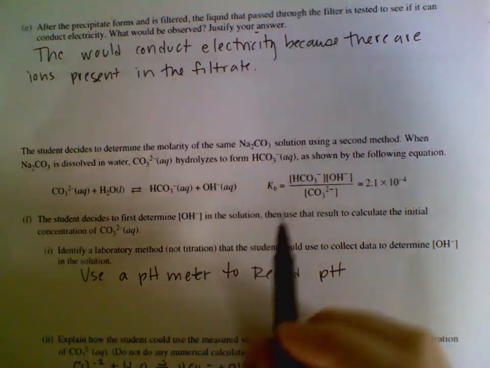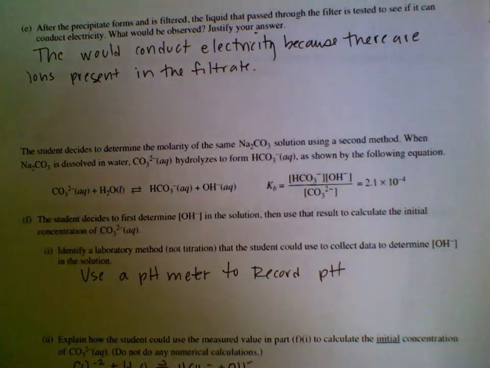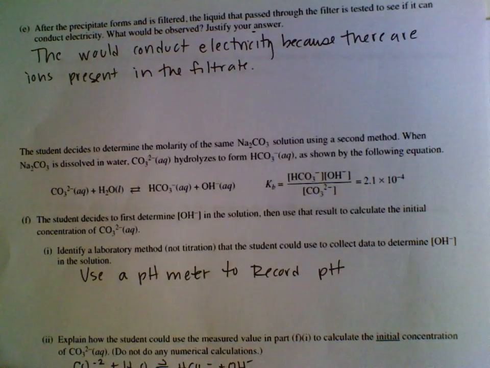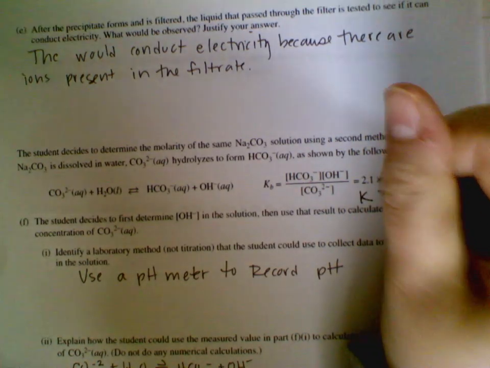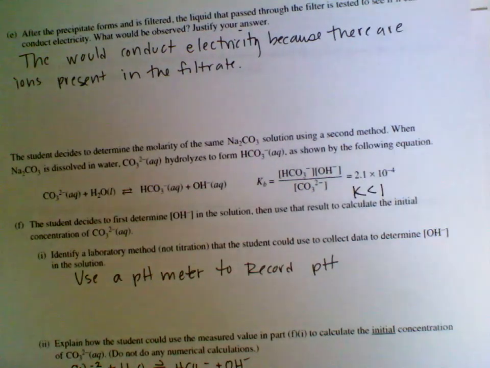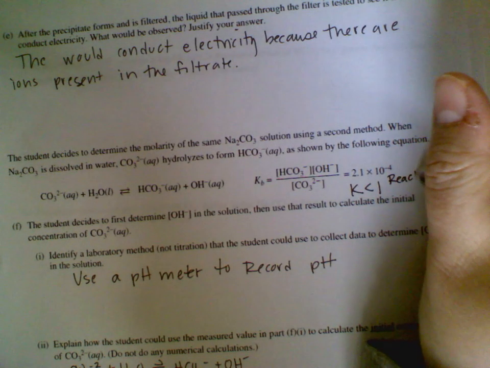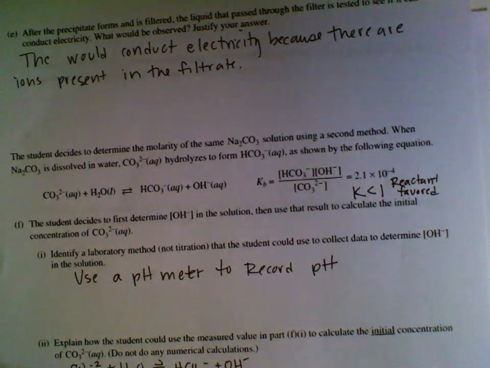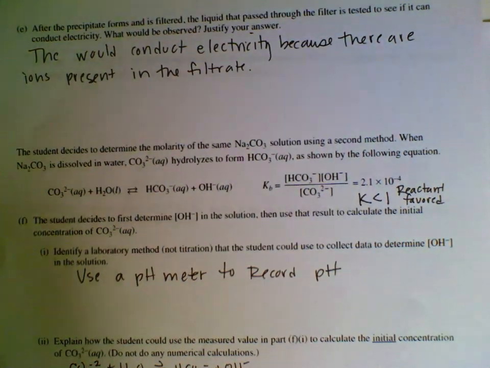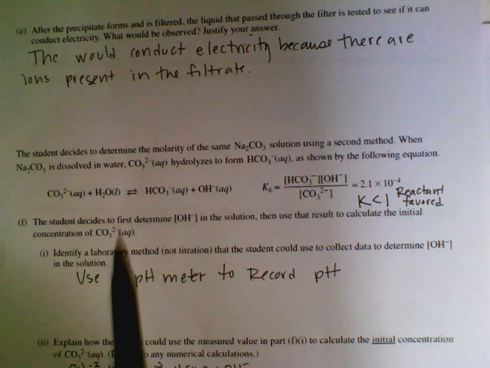So if you look at the KB value for this particular hydrolysis process, the KB value is 2.1 times 10 to the negative fourth. And you know that if we have a K that is less than 1, it is a reactant favored process. And if it's reactant favored at equilibrium, what that means is that we're going to have more of the CO3 2- and less of the HCO3-.